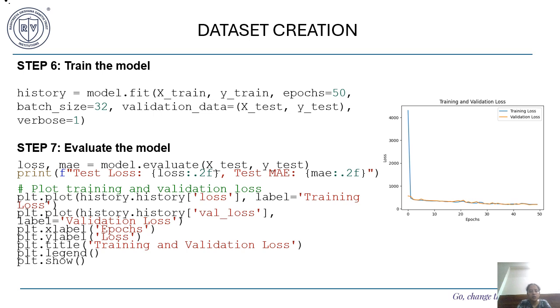So we train the model and fit it by specifying the batch size, the epochs, and the validation data, and then evaluate the model. This evaluating is basically the training and the validation loss. The training loss and the validation loss are superimposed on each other on a graph and then seen for the variation in both of these data sets.